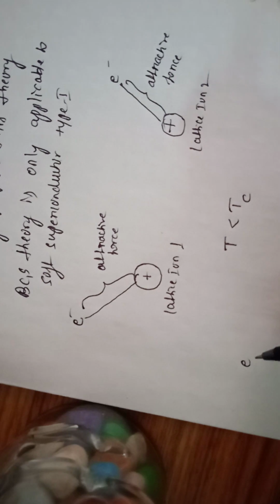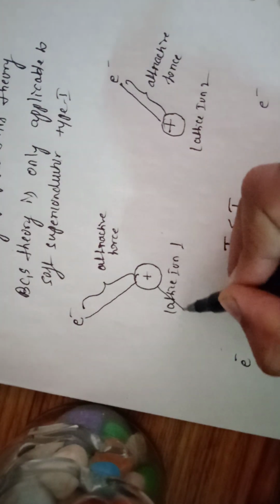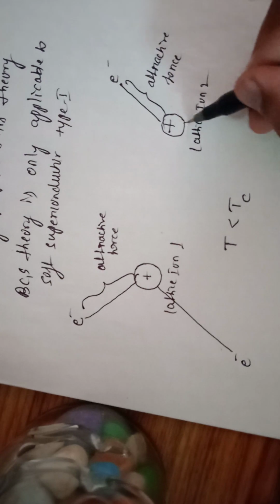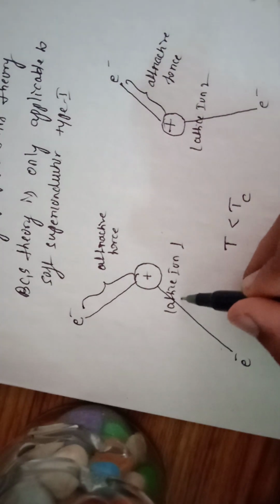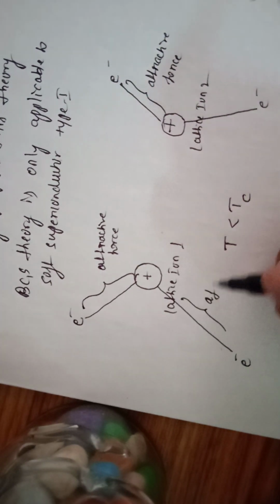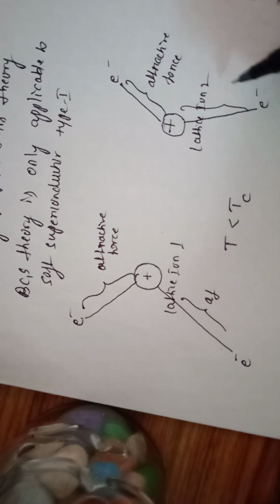An electron is somewhere here, and here also somewhere an electron is here. So these electrons are also attracted by this positive ion core. This electron was also attracted by the same attractive force.